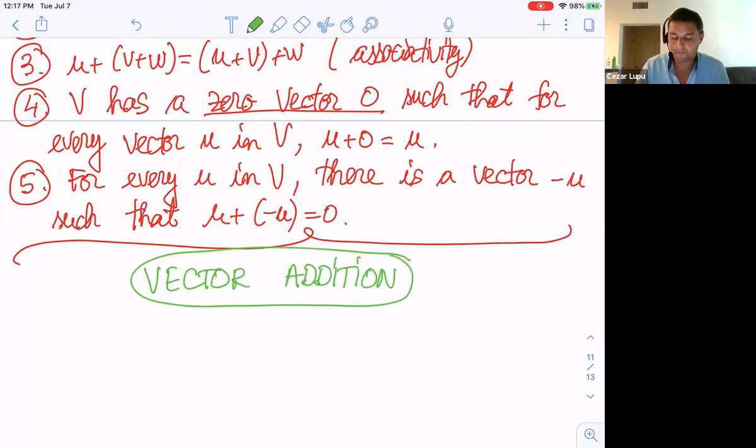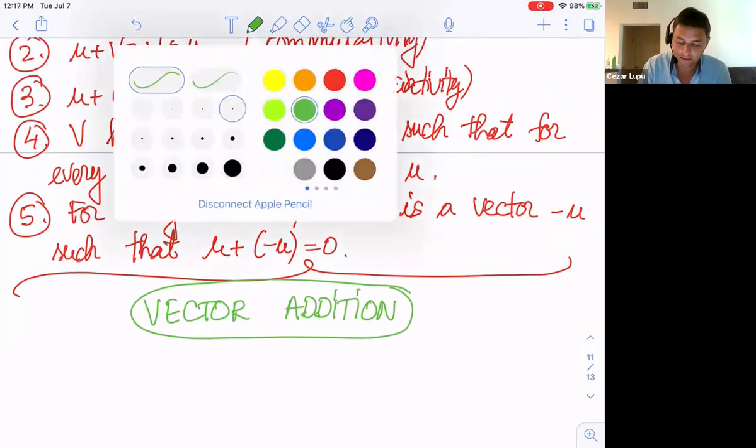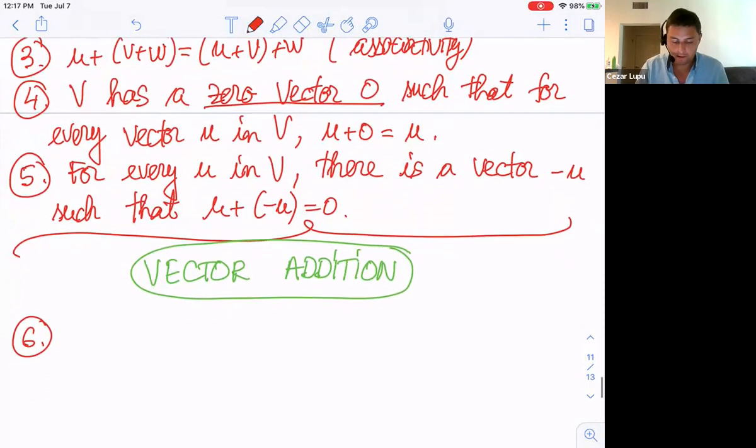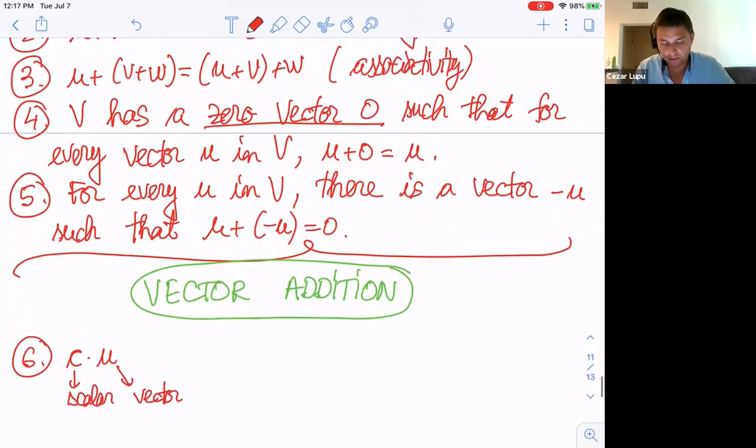And now we will have some other axioms for scalar multiplication. So let's call this 6. For scalar multiplication, we have that very important C times U. By the way, I like to stress again that this C here is a scalar, and this is a vector.